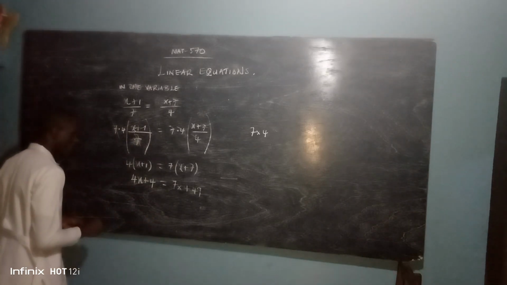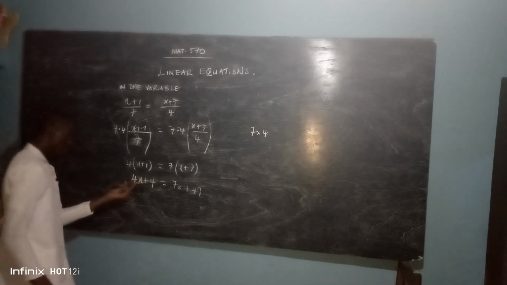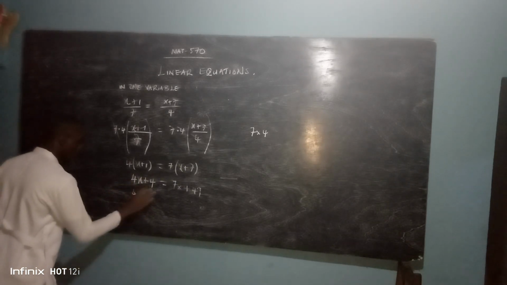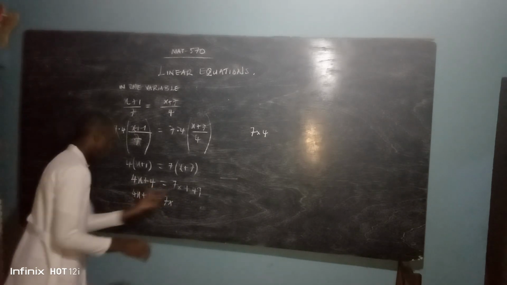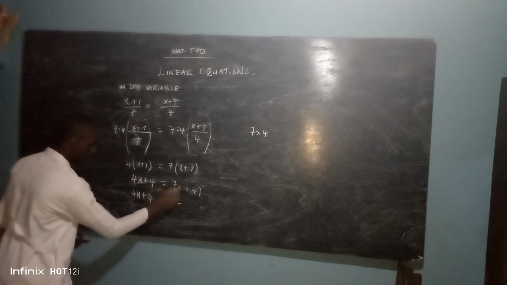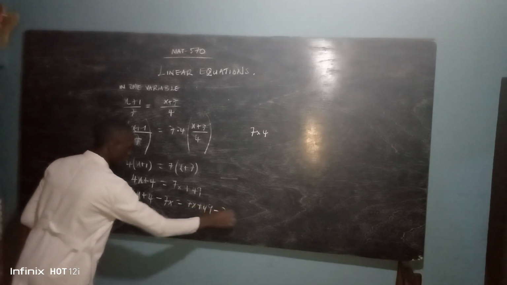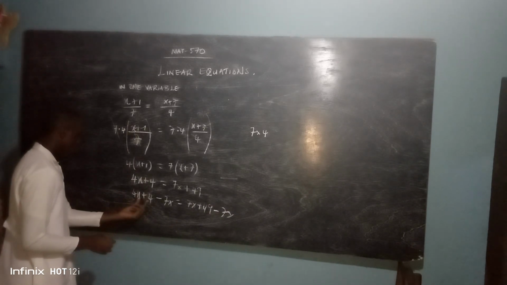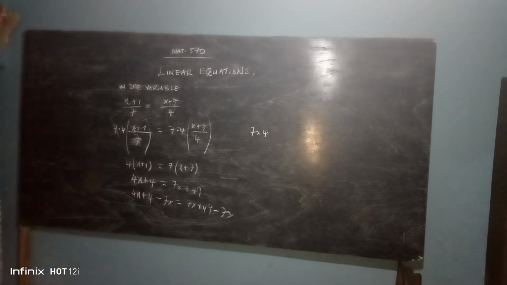So I'm going to subtract 7x on both sides to bring this one to the left hand side. So I'm going to have 4x plus 4 minus 7x, I'm subtracting on both sides. Copy everything as you see, minus 7x. Now, 4x minus 7x, what is the answer? Follow the rule I gave you.